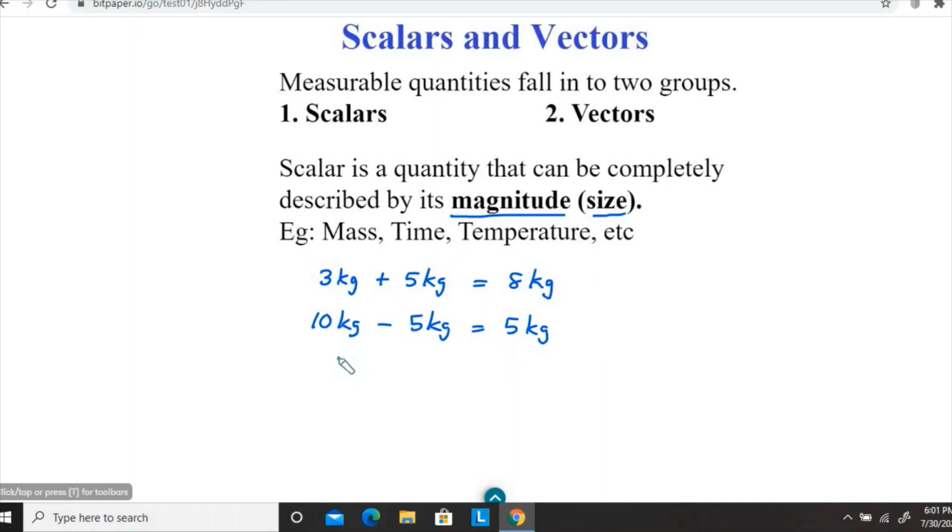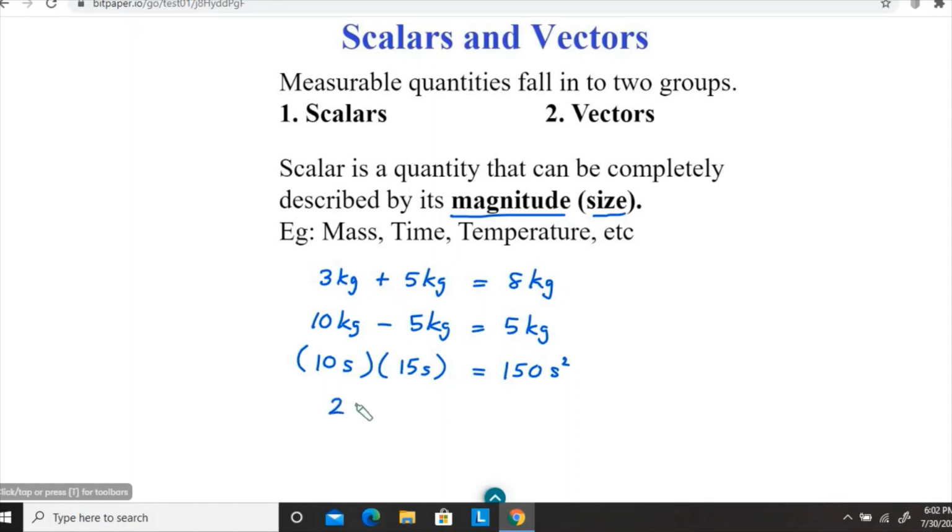How about multiplying scalars? Let's say you have 10 seconds multiplied by 15 seconds. Then your answer is 150, and the units would be seconds squared. Let's say you are going to take a division between temperatures.